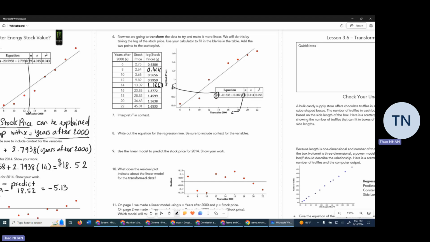If we were to interpret the r squared again, this is our new r squared, 0.953.